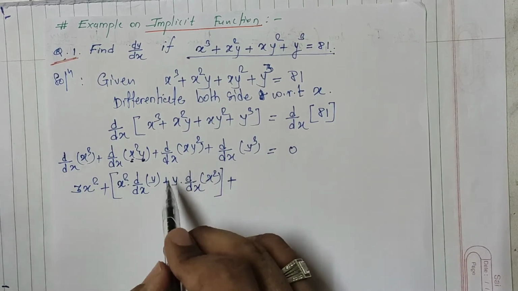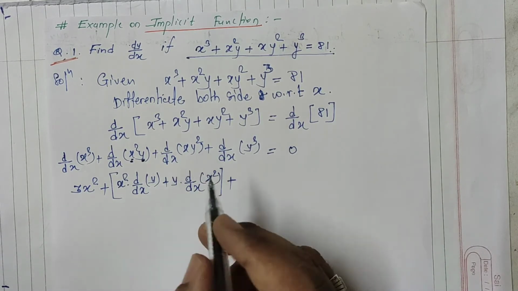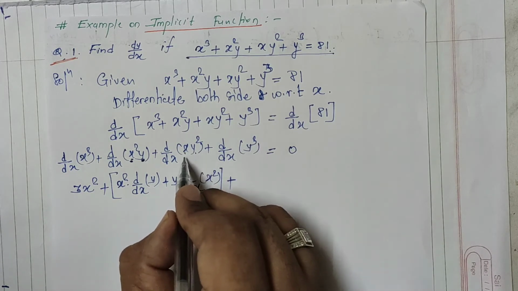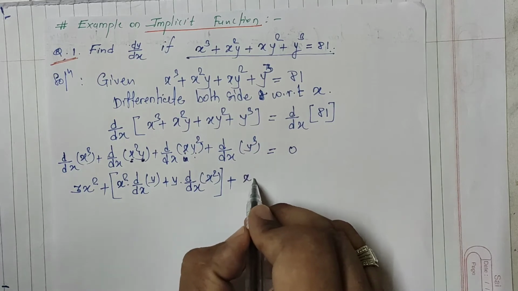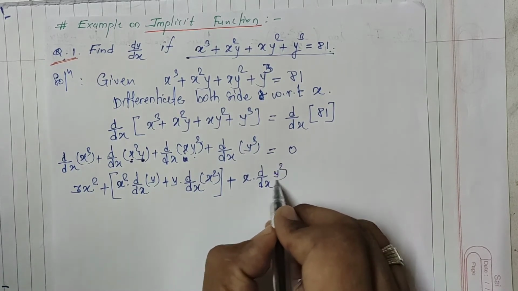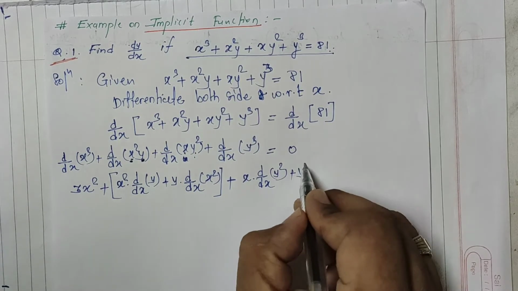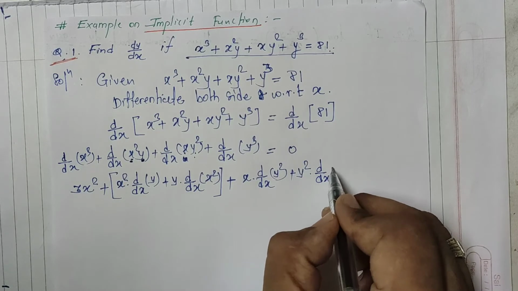Plus the next function is the derivative of x into y square. Here also we again use the u into v rule. So first one is x as it is, derivative of y square, plus y square as it is, derivative of x.